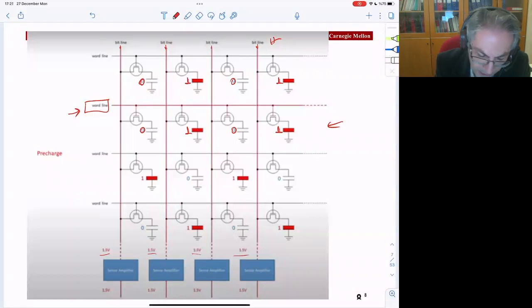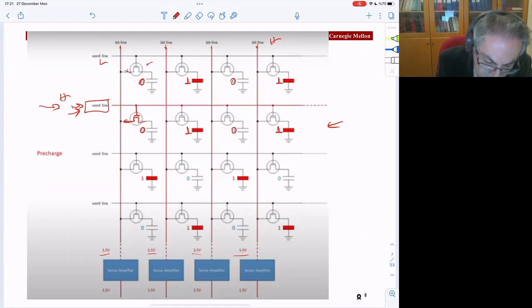Then you also take this particular word line. If I want to read this one, I set this to high. When you set this to high, this gate is now open. For this one, this is not high, so it is low, so there's no leakage and it doesn't set this value, as if these are disconnected.